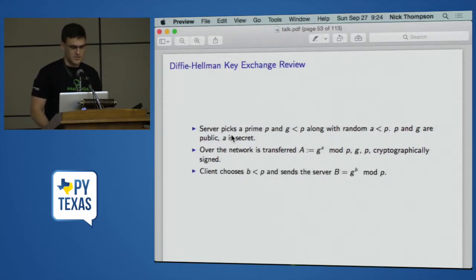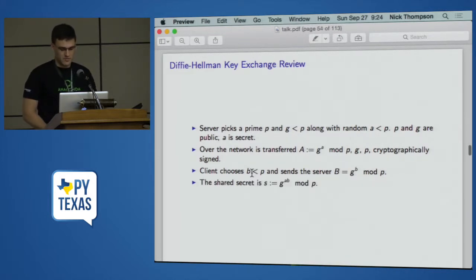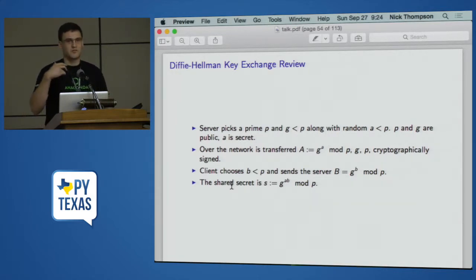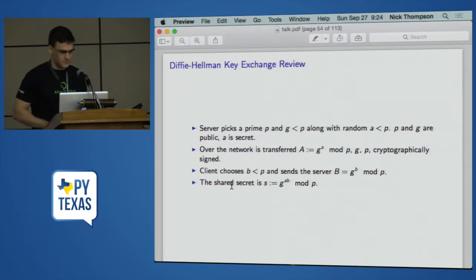Then the client chooses another random number B and computes G to the B mod P, and then what you have at the end is, by modular exponentiation, you can get a shared private key for your symmetric protocols.